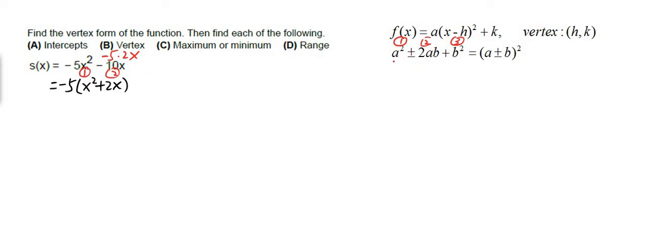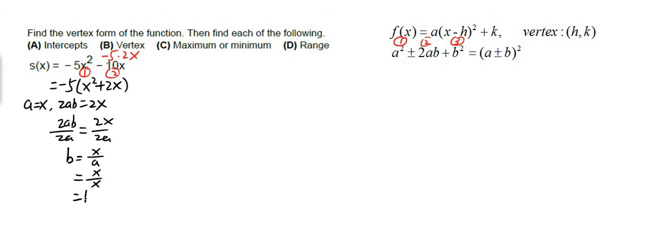The first term, a, is x. The second term is positive, so it should be a positive 2ab. So we let 2ab equal 2x. Now we can find b by dividing both sides by 2a, and b is x over a. We find a equals x, so we plug in and find b equals 1.